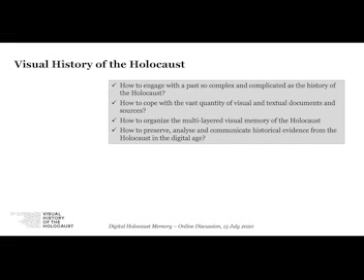The first project departs from some of the most pressing questions which were already raised in several talks. So the question, how can we engage such a complex and complicated topic as the history of the Holocaust?